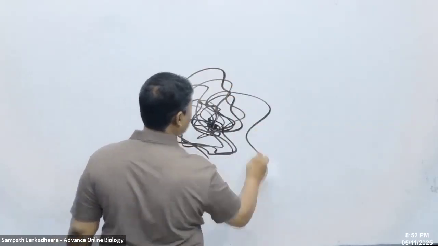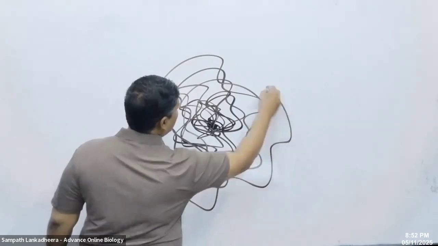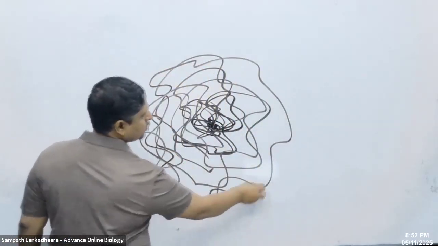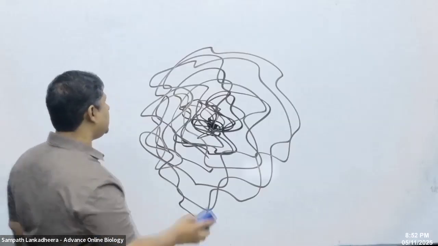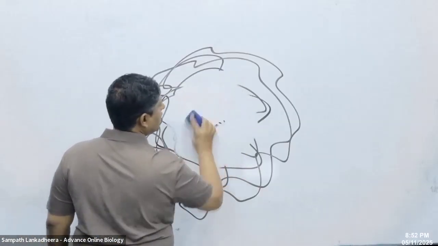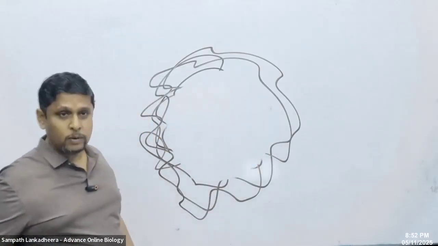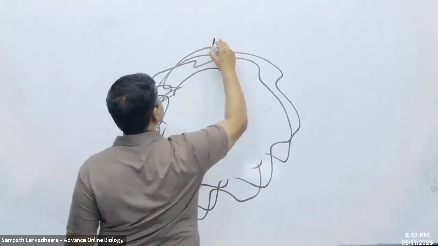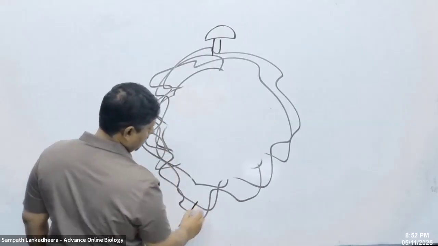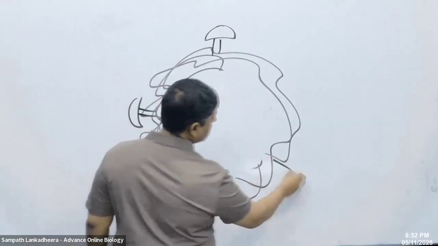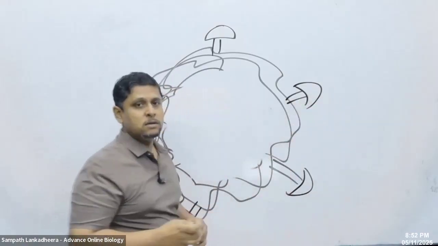The fungal network encroaches the new outer area with fresh resources, whereas the central part of this mycelium dies. So what happened, people? The mushrooms come in a ring like this, so they call it the fairy ring.